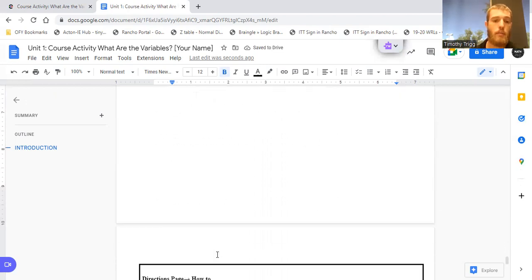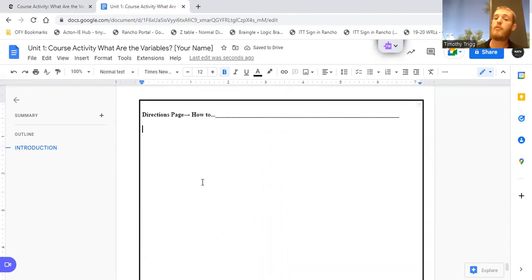Okay. So then we want to write directions, how to conduct this experiment. One thing, we want to collect the materials. So let's first talk about the materials needed for this experiment. We're going to collect various materials for the experiment.